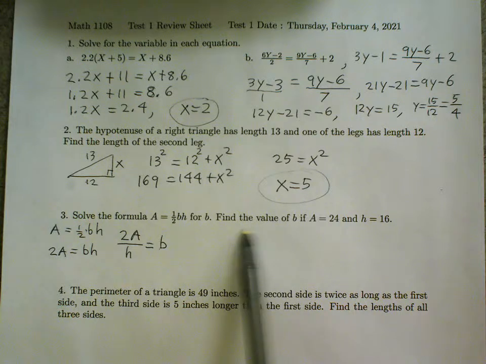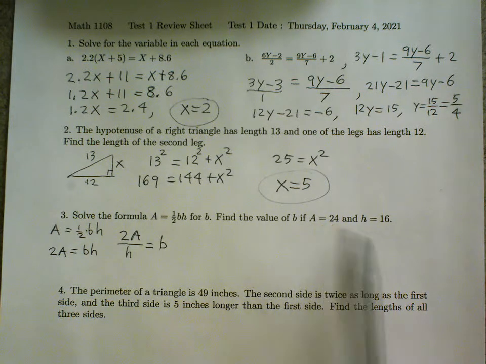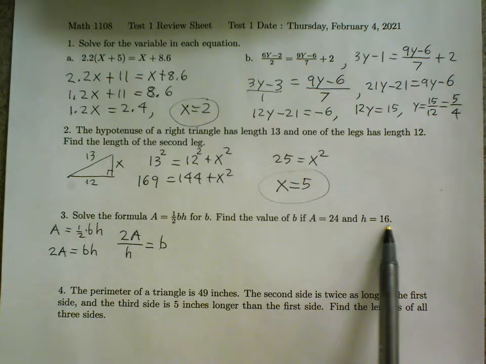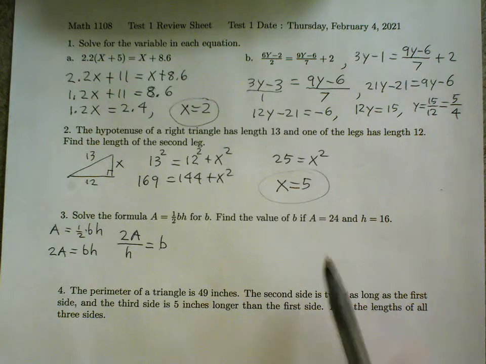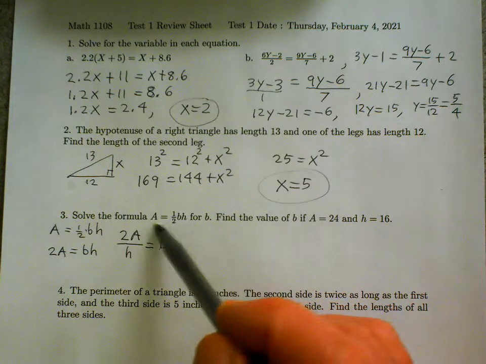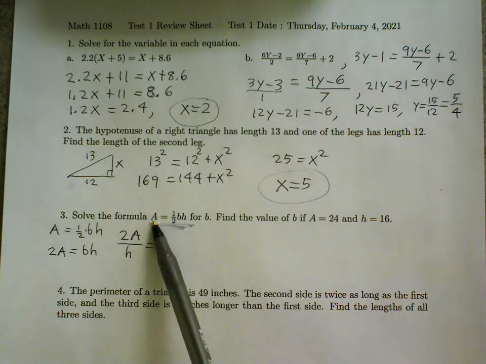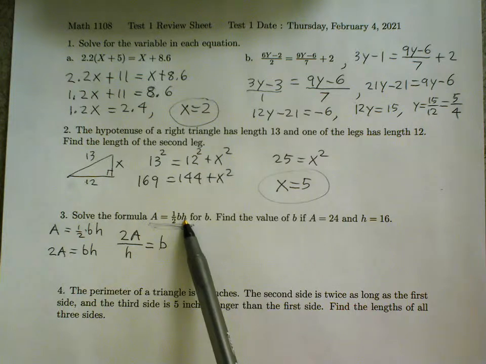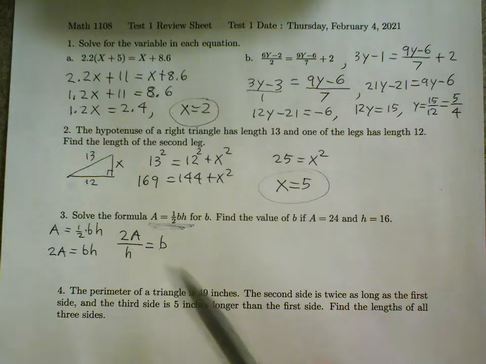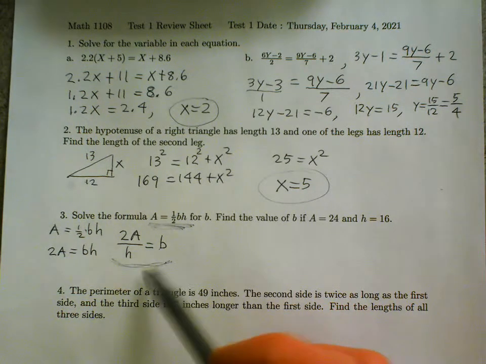In the second part, it says find the value of b if the value of A is 24 and the value of h is 16. There's one of two ways you can go about it. You can use the original formula, replace A with 24 and replace h with 16, do the arithmetic and solve for b. Or another alternative is to use the result from the first part.